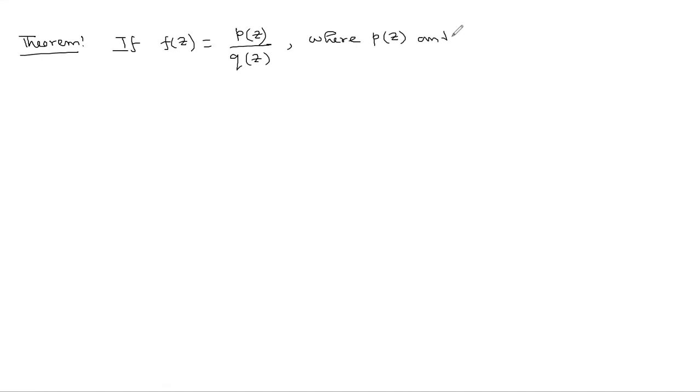Next, we have a very important theorem that says if a function f of z can be written as p of z by q of z, where p of z and q of z both are analytic in some neighborhood of a point z0.